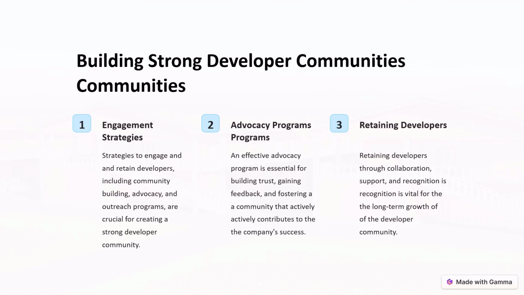There is a slight difference between engagement and advocacy: an effective advocacy program is essential for building trust, gaining feedback, and fostering a community that actively contributes to the company's success. Advocacy is very much dependent on the company where you are working, and engagement is very much dependent on the outreach with other people and other relations also.